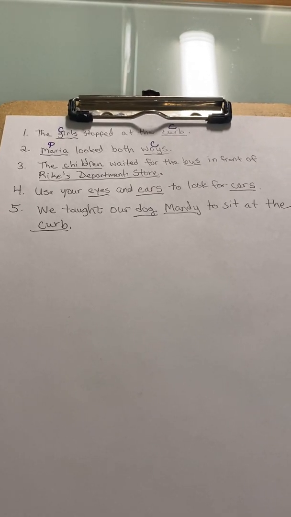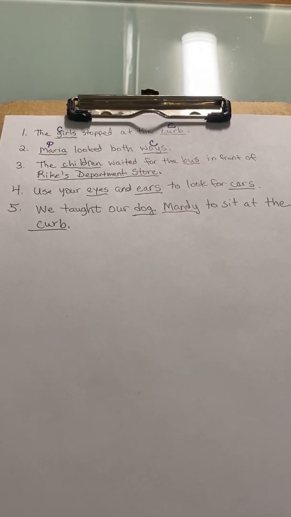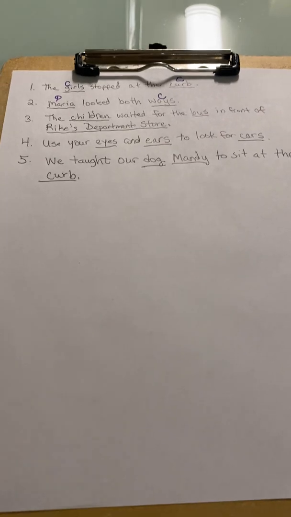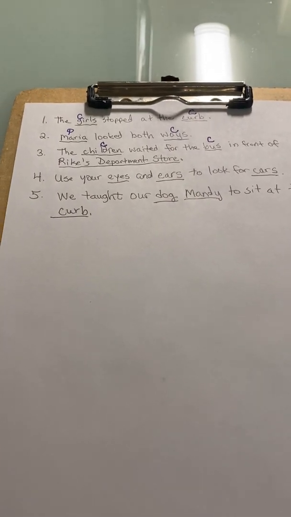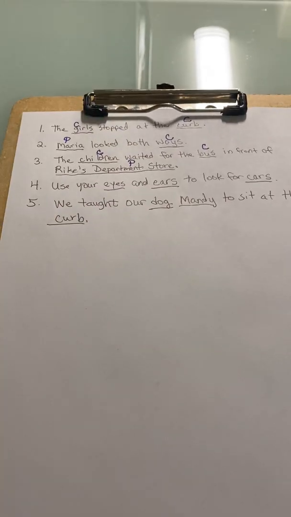The children waited for the bus in front of Reich's department store. Let's see. The children is lowercase, so it is a common noun. Same for bus, also common noun. Now, Reich's department store is in all capital letters, therefore it is a proper noun.